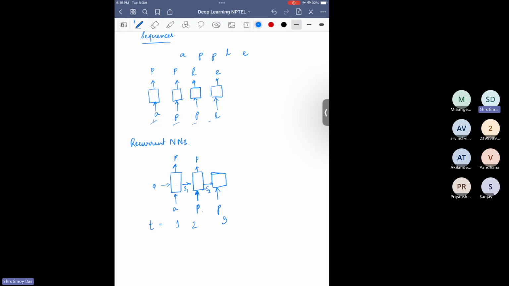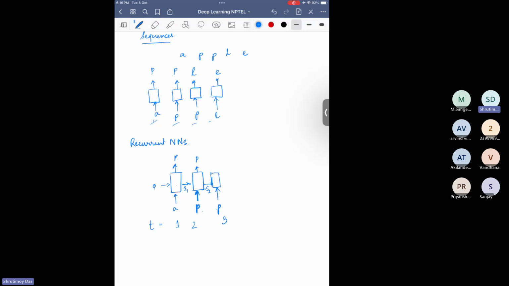Here it looks at the first P and knows that it needs to output a second P. But here it also looks at a P. If it had no previous information, it would not know if this is the first P or the second. After this P, it could have also output P and it was wrong, right? So you need to give some information that this is the second P that it is looking at.